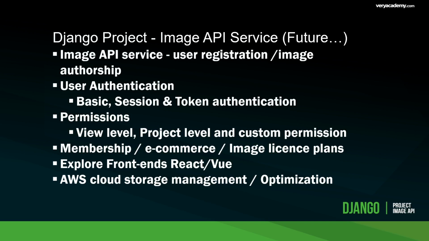Because we're building a RESTful API system, we can also explore front ends. So maybe React or Vue, and we could potentially split this off so we could build a complete React or Vue application utilizing our API. Of course, we're using images, so there's potential here to utilize cloud storage and management, and also then, while we go through different iterations, look at optimization.